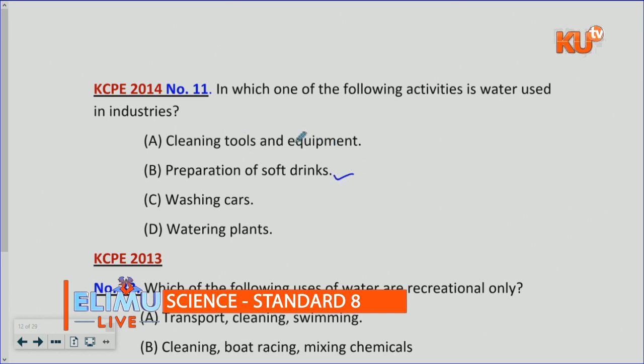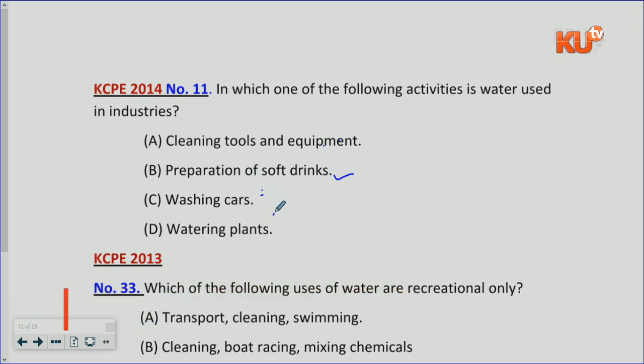Cleaning tools and equipment is for industry, and remember it's for farm. Washing cars, this one is for industry. Watering plants in the farm. Cleaning tools and equipment, this one is both for farm and industry. Washing cars, we looked at the previous work, it was for industrial.